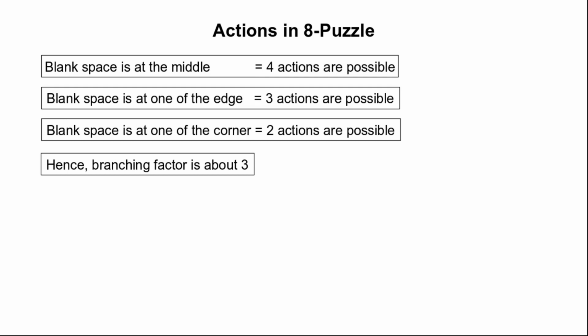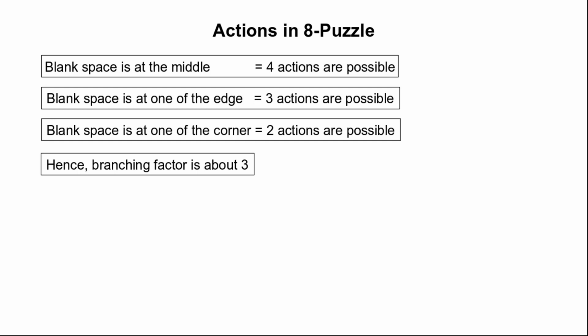For some states we can perform three actions, and for those states we will have three successors each, and for some states we can perform only two actions, and those states will have two successors each.